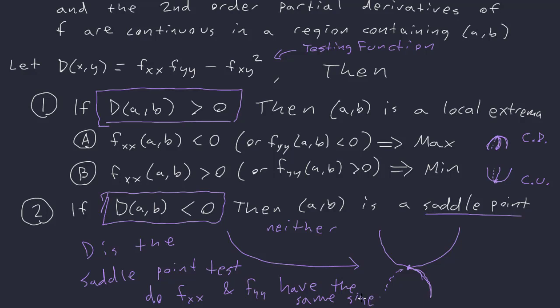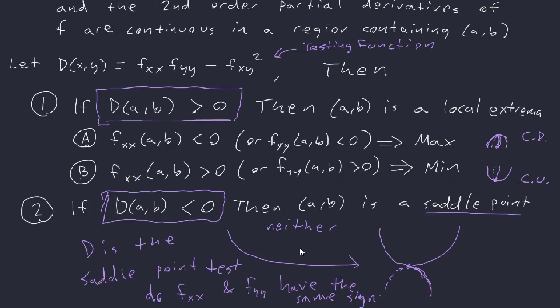There's more to it than that, because they could have the same sign, but we could still have a saddle point. One of them could be 0. But that's the intuitive idea. This is the saddle point test. If capital D is negative, you have a saddle point. If it's positive, then it's a max or a min, and then you just check to see which one it is.